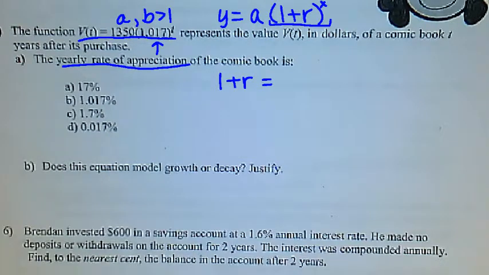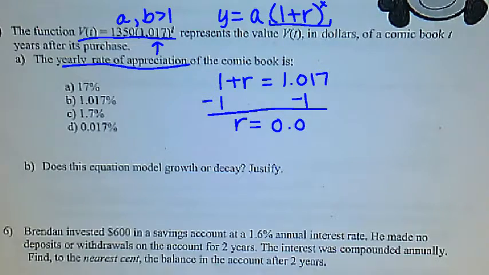Okay, so if I have 1.017, so if I subtract 1 from both sides, I know that r is equal to 0.017, which as a percent is 1.7%. Choice C. Okay.